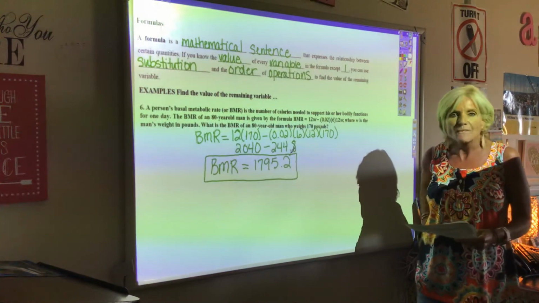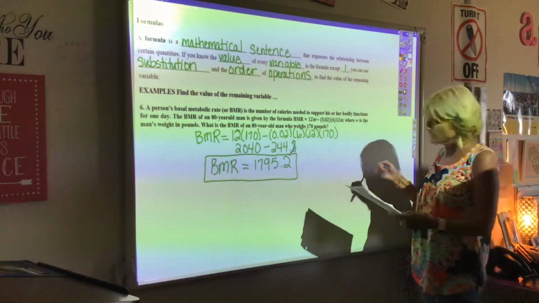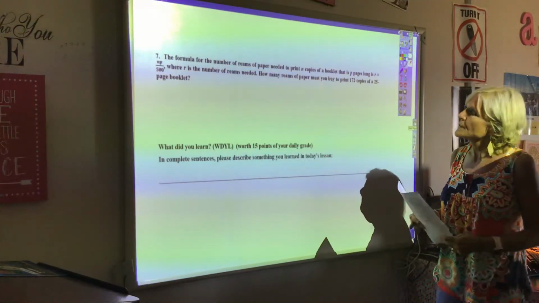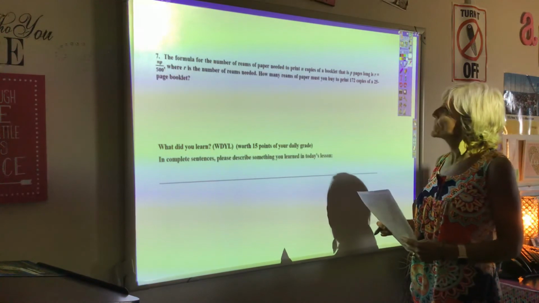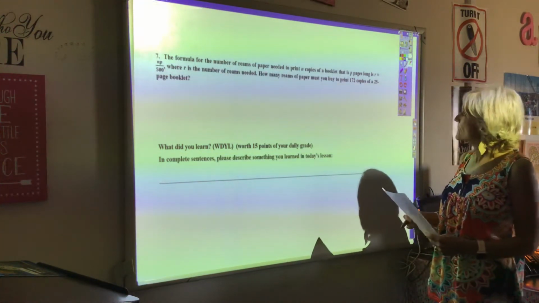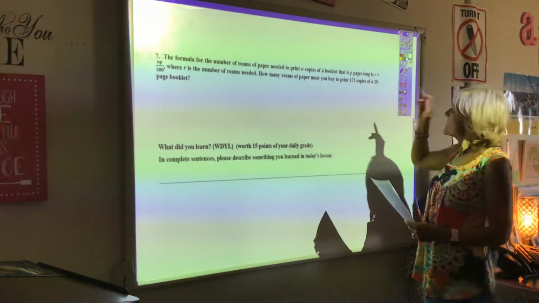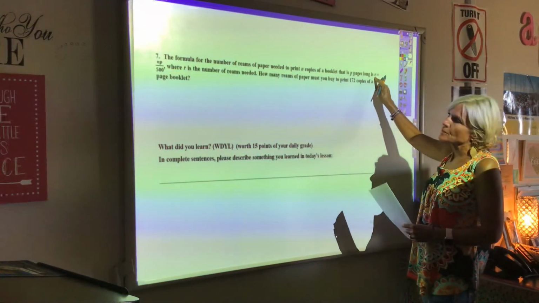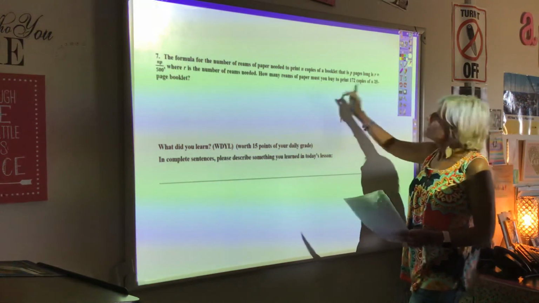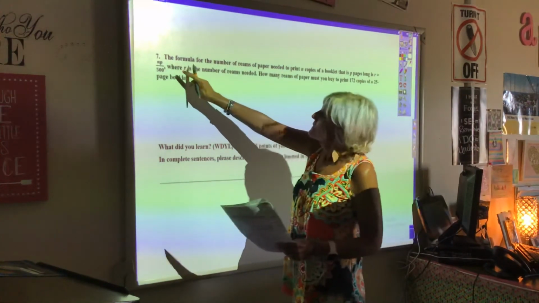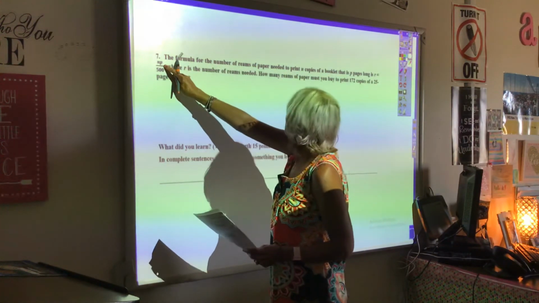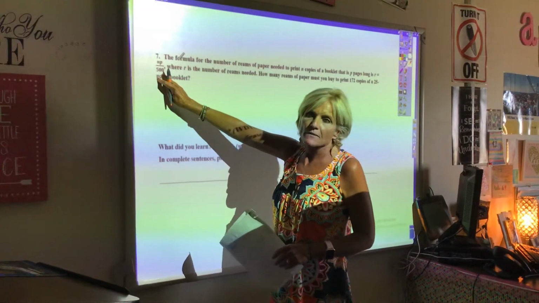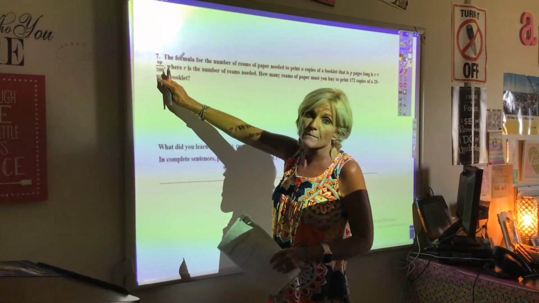Okay, and we've got one last example. The formula for the number of reams of paper needed to print N copies of a booklet that is P pages long is R, which stands for reams, equals N, number of copies, times P, number of pages, divided by 500. 500 comes from the fact that there's 500 pieces of paper in a ream.